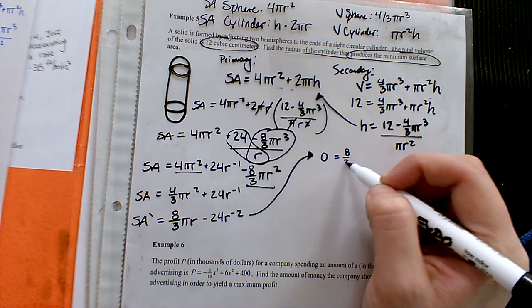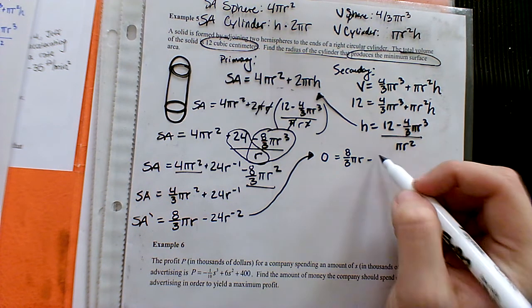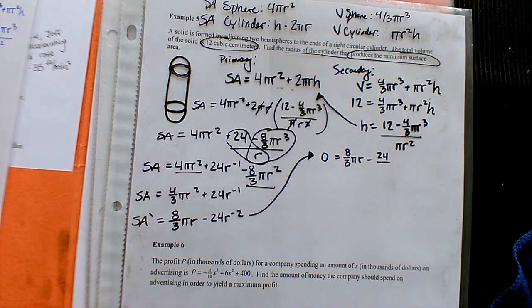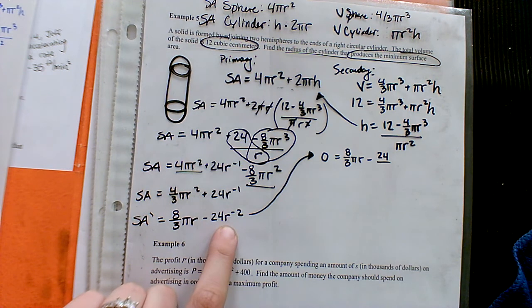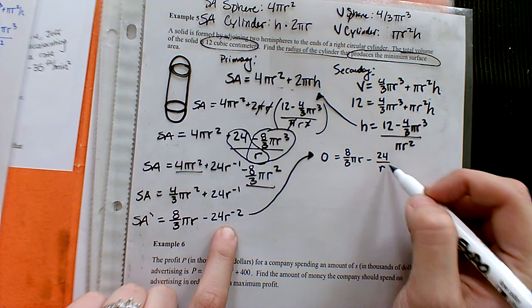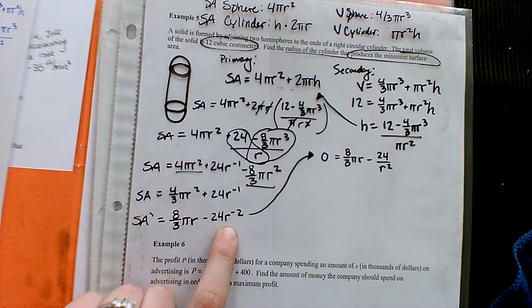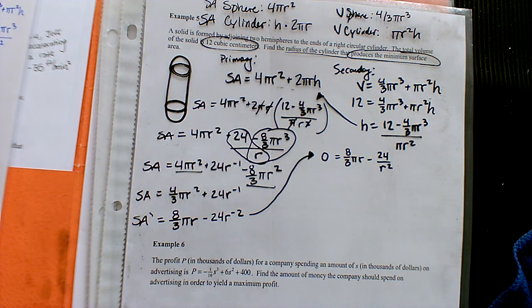All right, let's set it equal to 0. And I'm going to go ahead, since I'm done taking the derivative, I'm going to make this negative power on the r positive again by moving it to the bottom. All right, where can we go from there to solve for r?